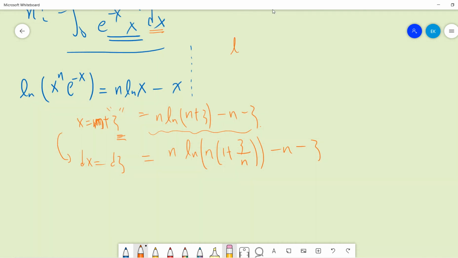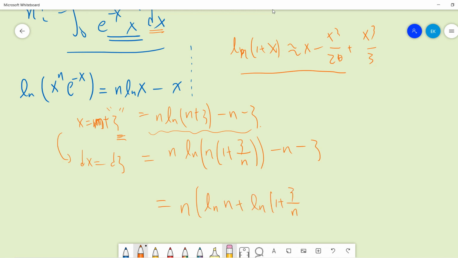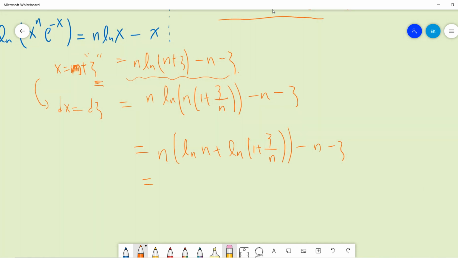What we need to use is that log(1 plus x) is close to x minus x squared divided by 2 plus x cubed divided by 3. We use the first two terms. So we have n times log(n plus eta) minus n minus eta. This term can be written as follows. The first term is still log n.